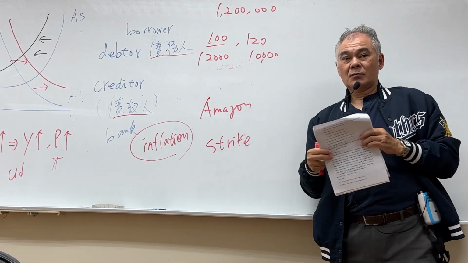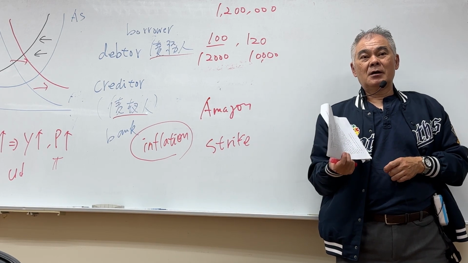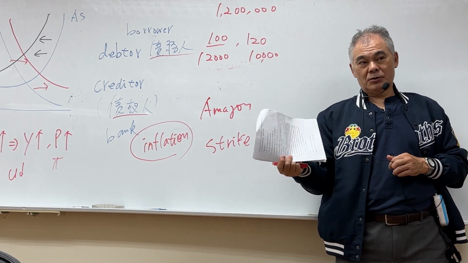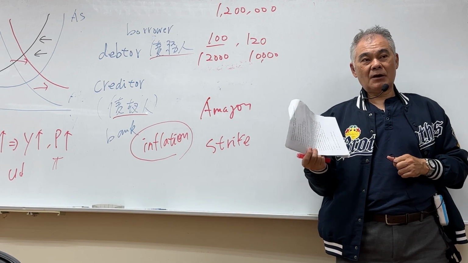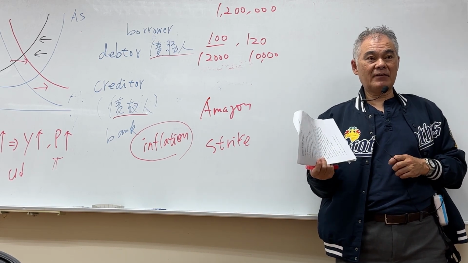So at least, as I told you before, for inflation, still, it is not good, right? Workers suffer, but business people, at least, they still get something out of it.